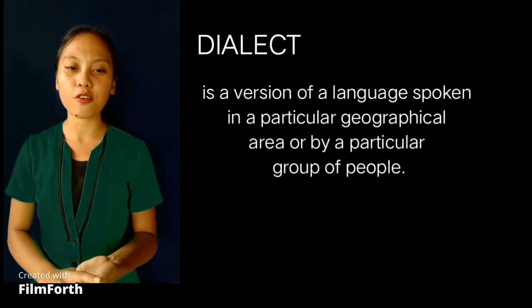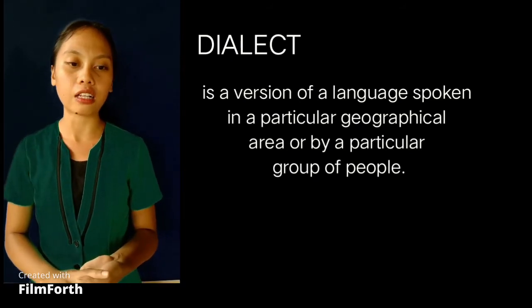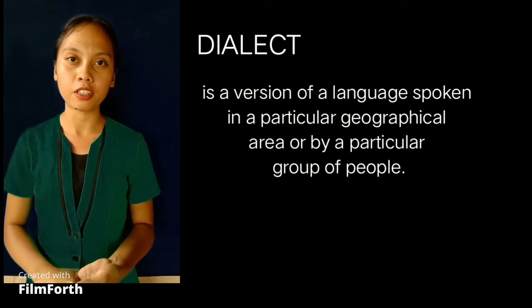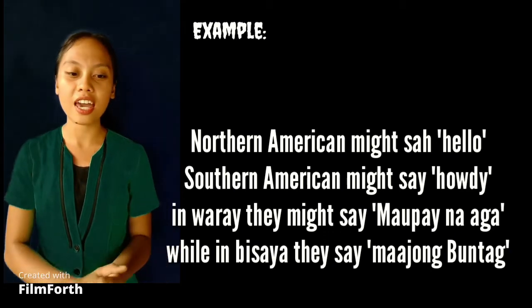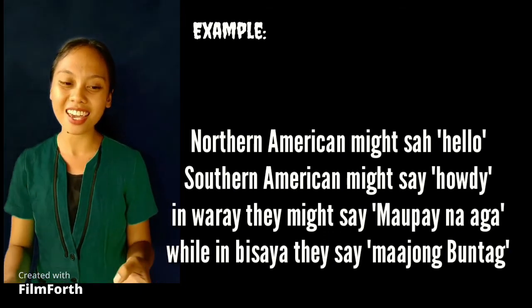Hello everyone, my name is Jubel Delema and my assigned topic is all about dialect. So dialect is a version of language spoken in a particular geographical area or by a particular group of people. For example, in Northern America, they might say hello, and in Southern America, they might say howdy.